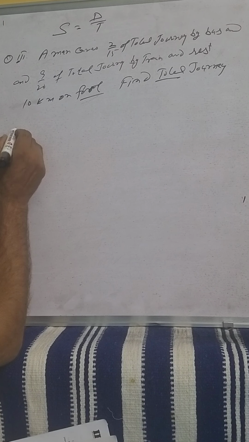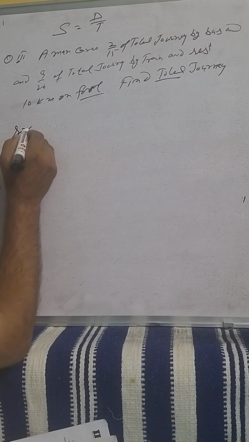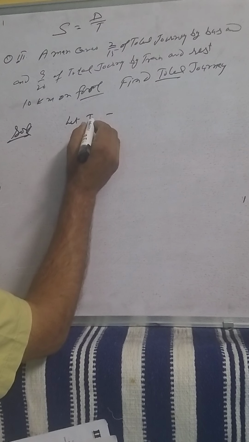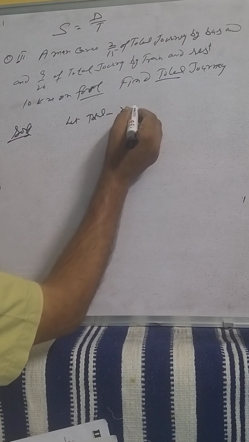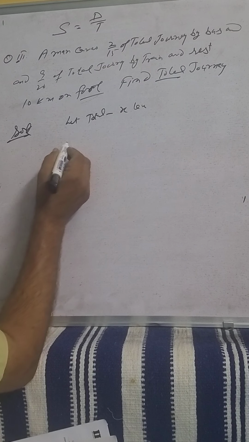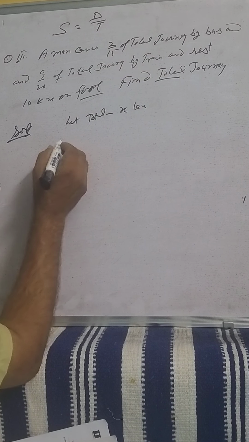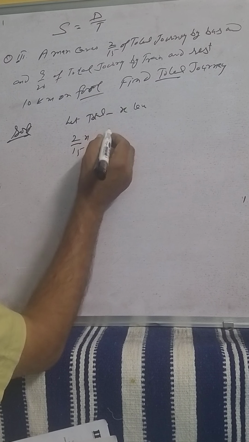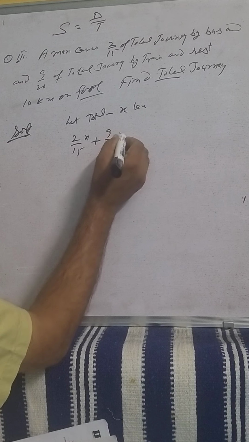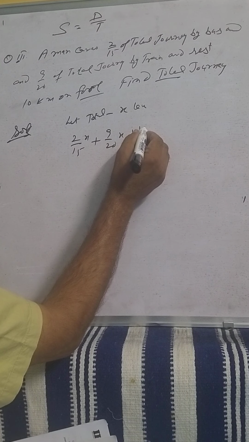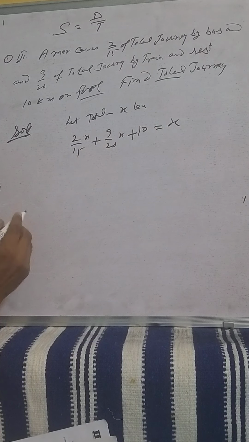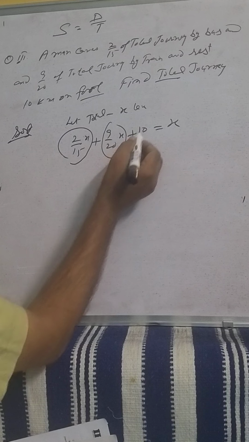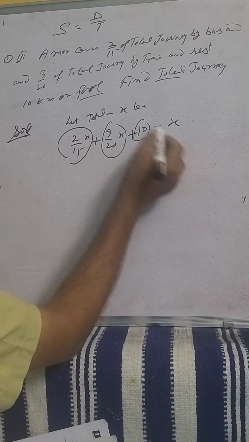Let the total journey be x kilometers. Then 2/5 x by bus plus 9/20 x by train plus 10 on foot must be equal to the total journey x.